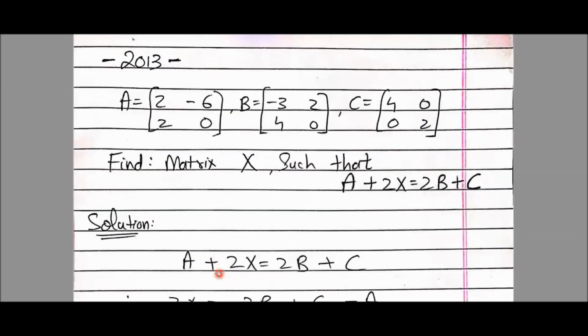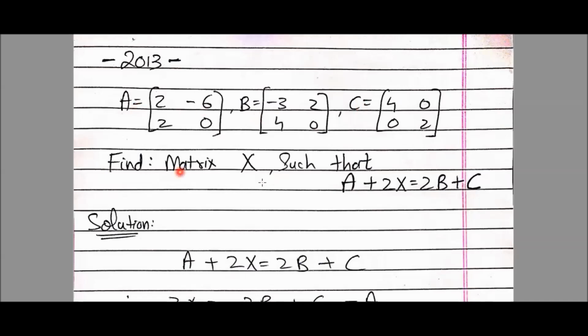Last sum of this part, 2013 sum. Once again, why did I select this sum? Apparently, looking at this sum, see the question, 3 matrices. So we can say this is a very tough sum, but students, it's a plus minus sum, which we did in second or third standard. Matrix A is given, matrix B is given, matrix C is given.